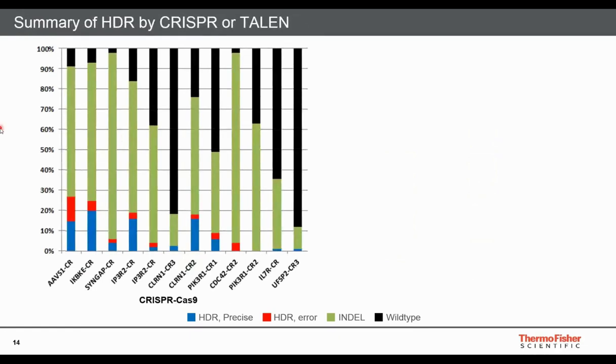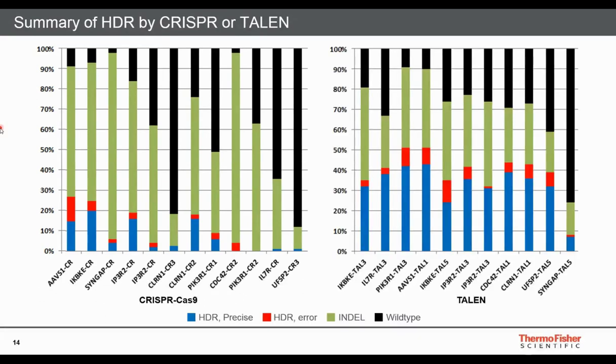If we look at a summary of these data comparing CRISPR and TALENs, we can see that kind of across the board here, looking at a number of different targets, we have some high-performing CRISPR-Cas9 designs. We're getting total editing greater than 90% for a number of these, but the HDR rate, either precise HDR or HDR with error, is less than 30% across the board, with some of these having very little to no HDR successfully occurring.